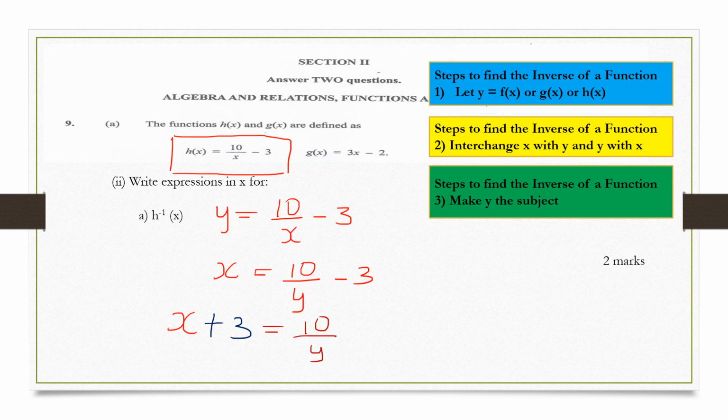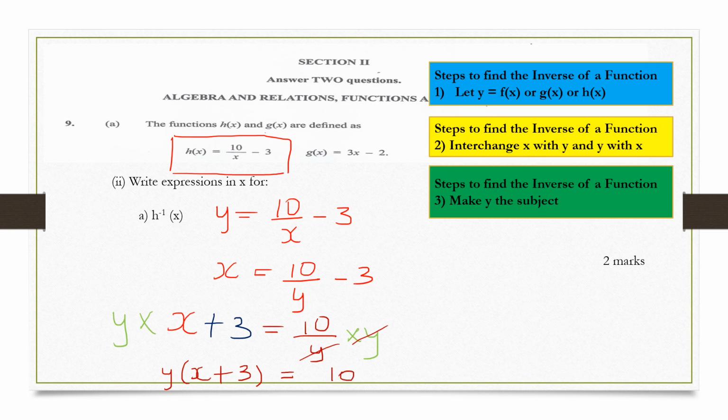Now we need to get rid of that fraction 10 over y because we want to make y the subject. So what we're going to do is multiply both sides of the equation by y. That is going to give us, we're going to cancel here, and we're going to end up with y times x plus 3 equal to 10.